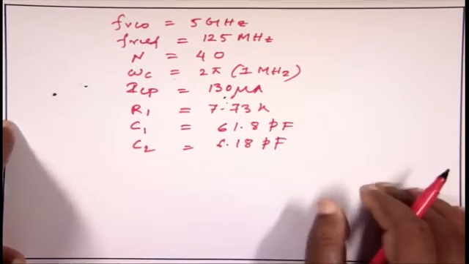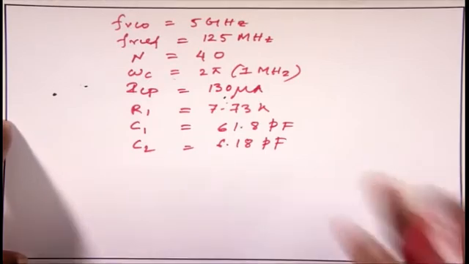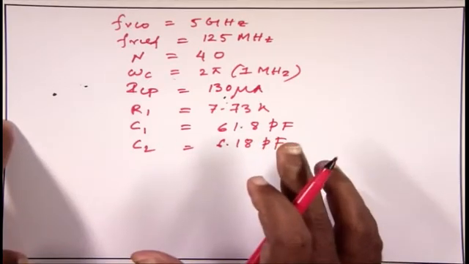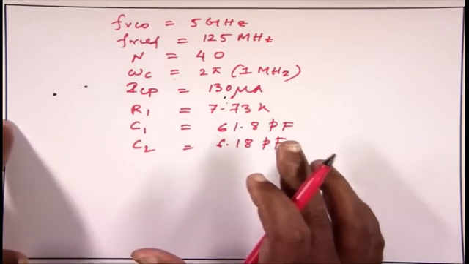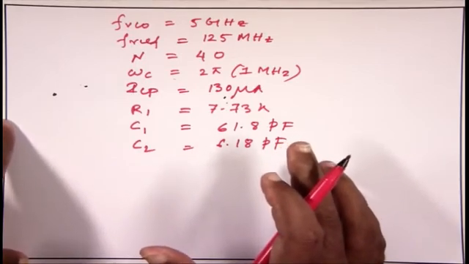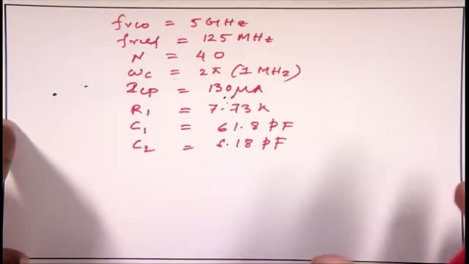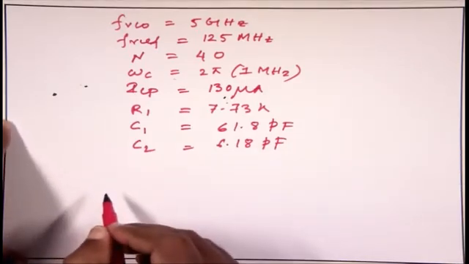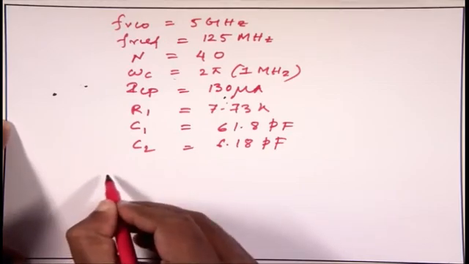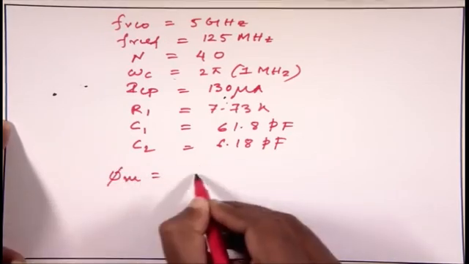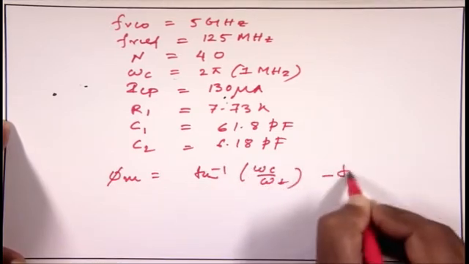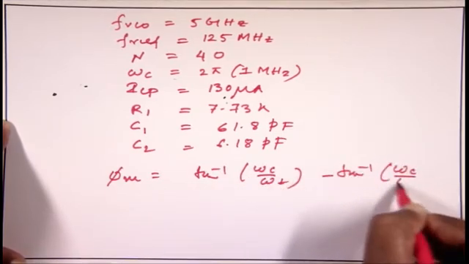Your design is almost done. So you put a loop filter, put the current for the charge pump at 130 microampere, set the divider ratio to 40, and you should be able to settle down with it. And another thing I forgot to mention: your phi m, I am saying, is tan inverse omega c by omega z minus tan inverse omega c by omega p2.